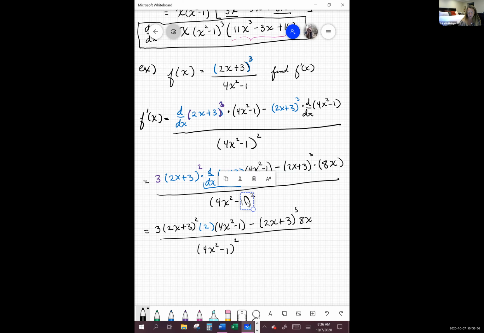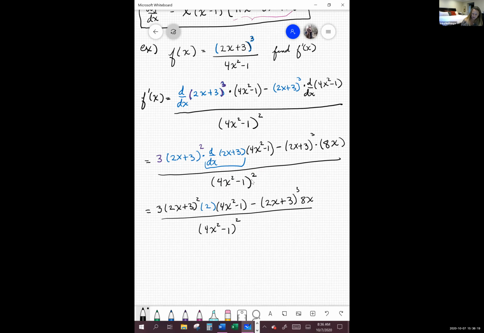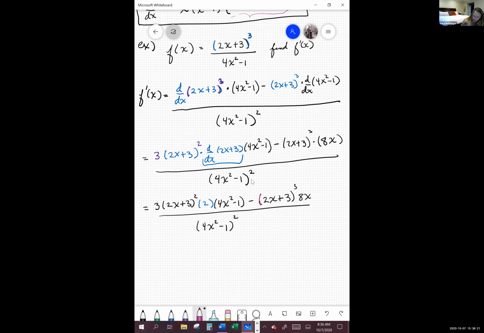So notice that there are values in common on top that we can factor out. Inside this parentheses, you have the same exact thing, and we can pull out 2 of them.